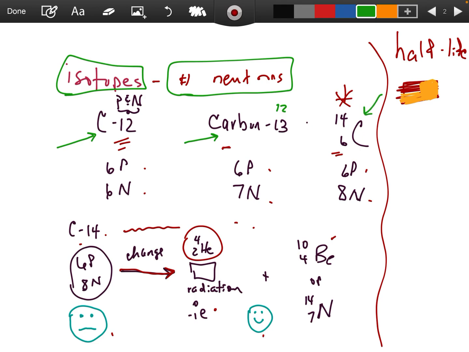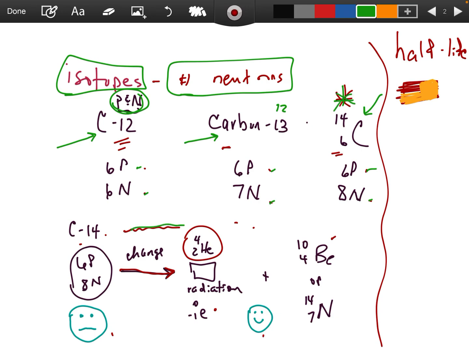But that is the mass number, the 12, the 13, or the 14 protons and neutrons. And so since every carbon atom has 6 protons, some carbon atoms have 6 neutrons, some 7 neutrons, some 8 neutrons. Carbon 14 happens to be radioactive.